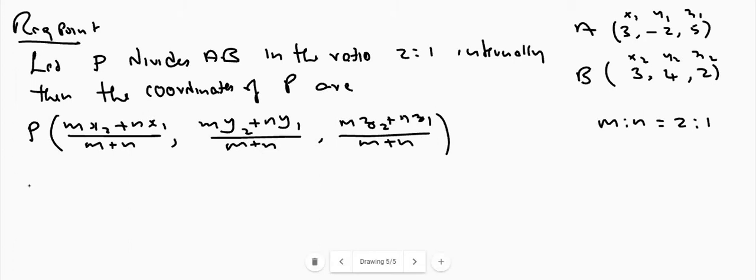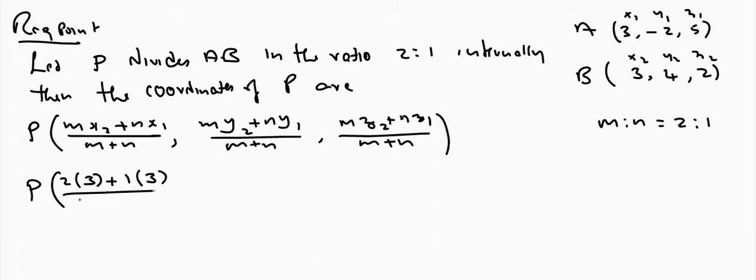Then the coordinates of P are given by mx2: m is 2, x2 is 3, so 2 into 3 plus n is 1, 1 into 3, divided by m plus n, that is 2 plus 1. Next y: 2 into 4 plus 1 into y1, which is minus 2, divided by 2 plus 1.